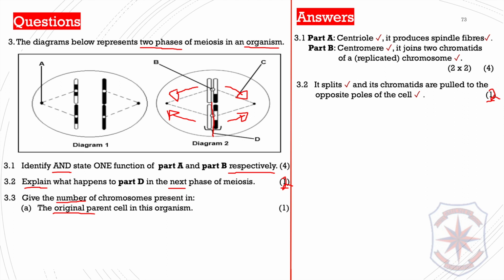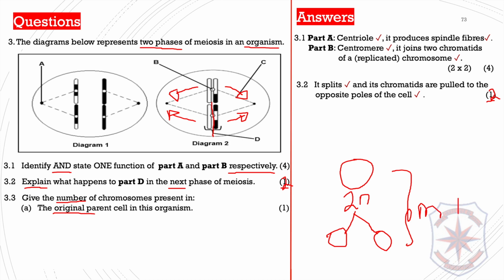We said that meiosis works like this. We have an original cell. The original cell is always diploid. Okay? It is going to undergo meiosis 1 to produce 2 haploid daughter cells. Okay? And then that is meiosis 1. I'm going to write M1. That is meiosis 1.